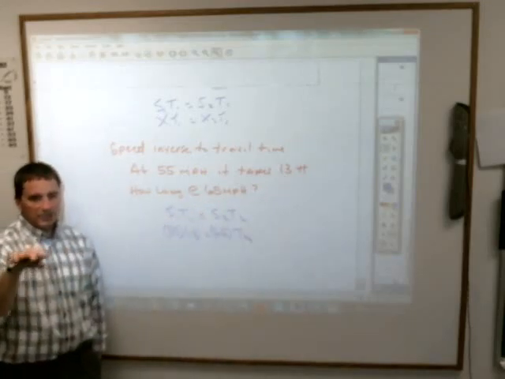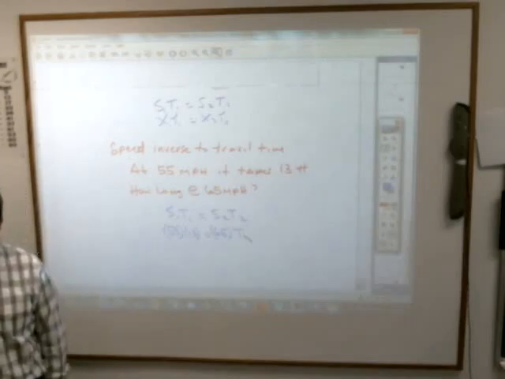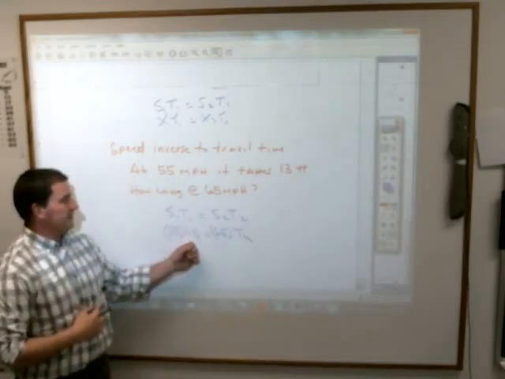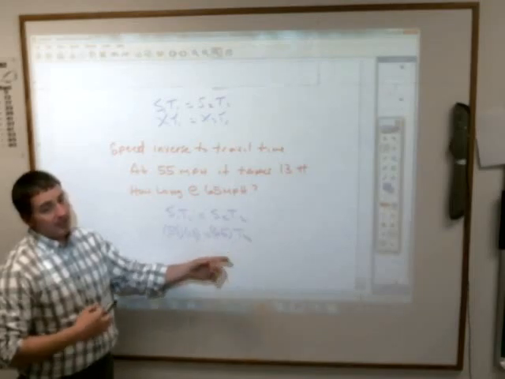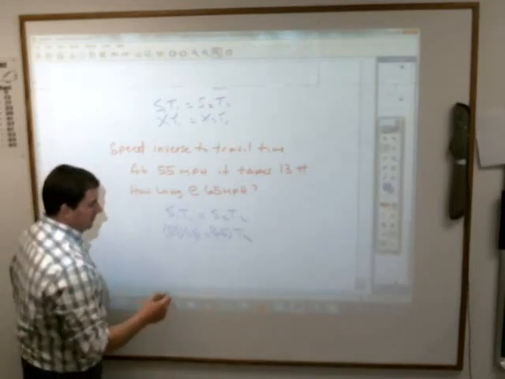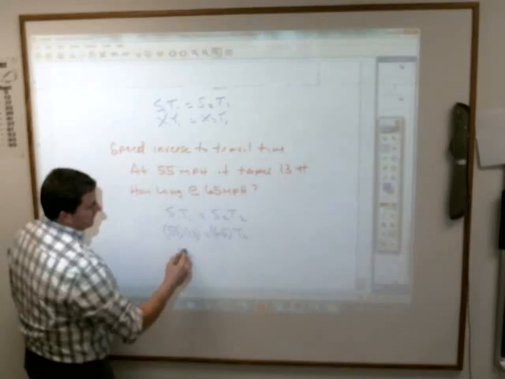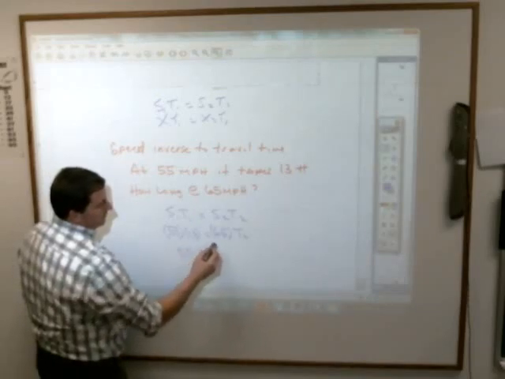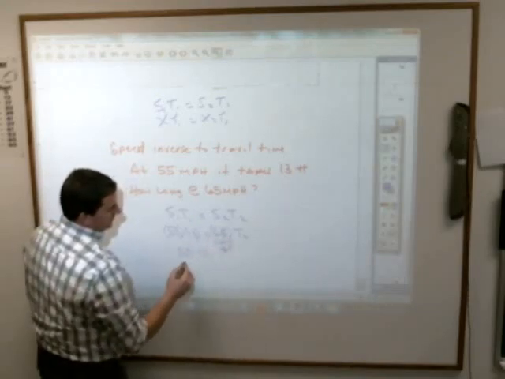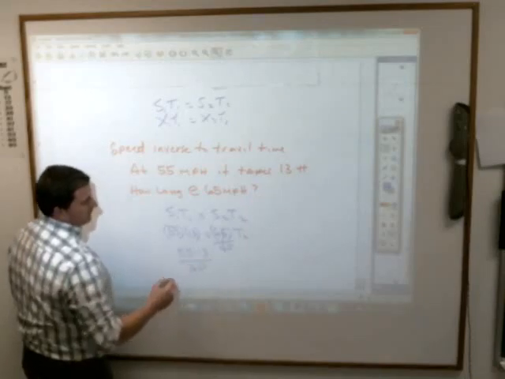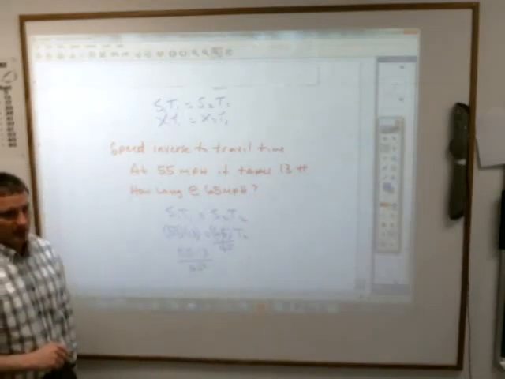Now, children, as you get to this upper level math, the hardest way to do this would be to multiply 55 by 13 and then divide by 65. If you want the shortcut way, you know you're going to divide by 65 eventually anyways. If you divide right away, you save yourself some time in all that calculation.